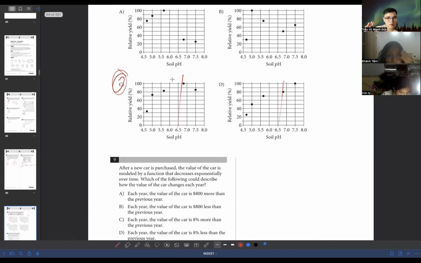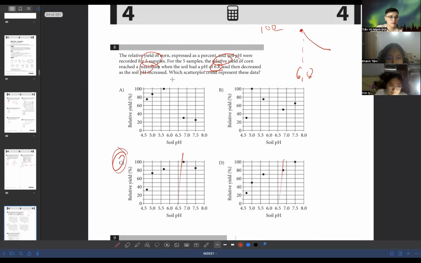Just remember the dots are the data, and if they were to add this line, it would be called a line of best fit. If I draw a line like this, these data will be underestimated, and these data will be overestimated. Why is that?